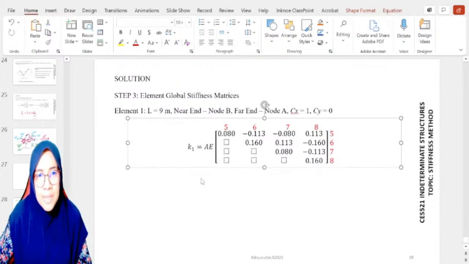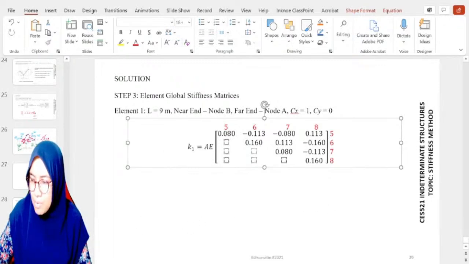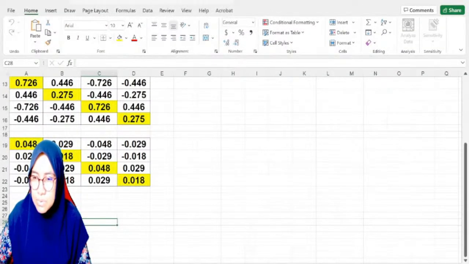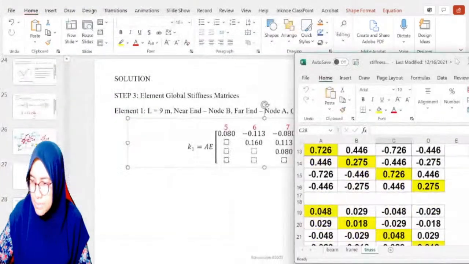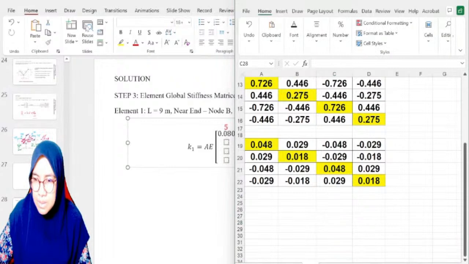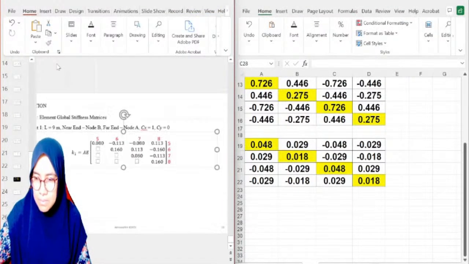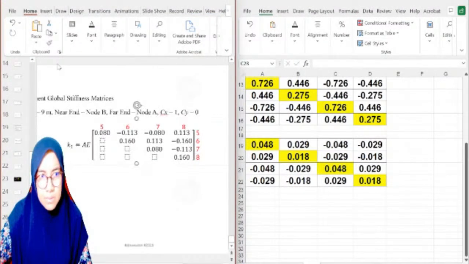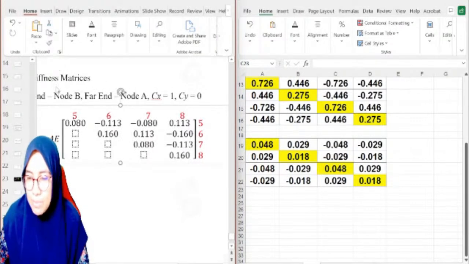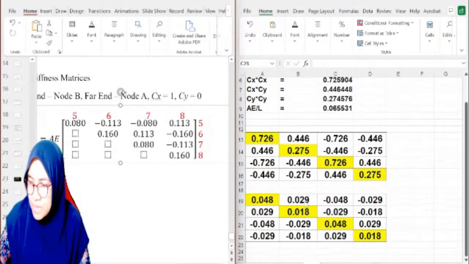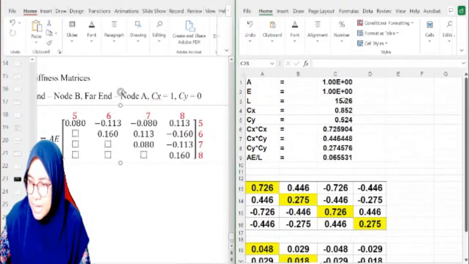So for the values in the matrix, K1, for element number 1, we will now calculate the value using this formula. For a truss structure, the length is 9.